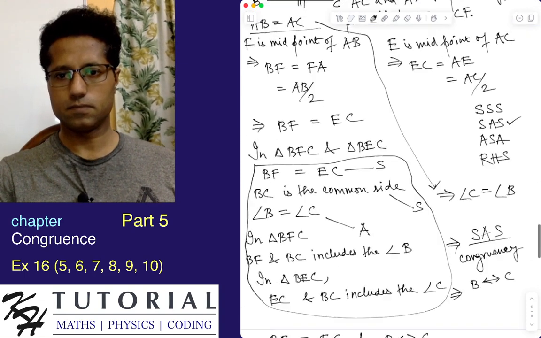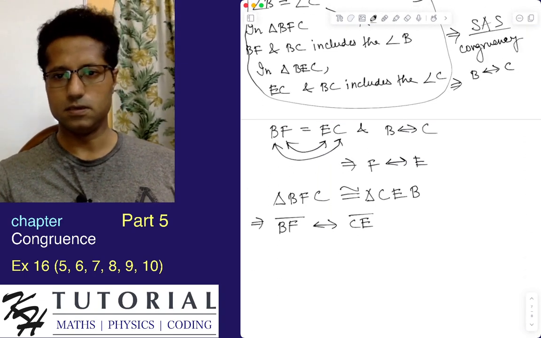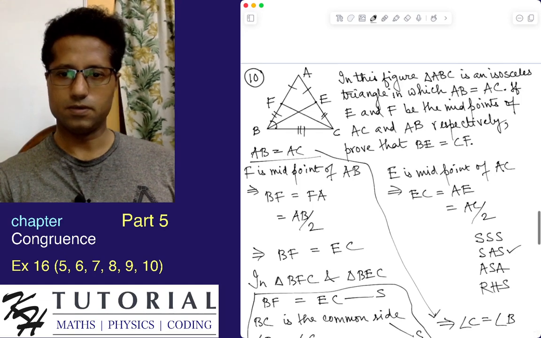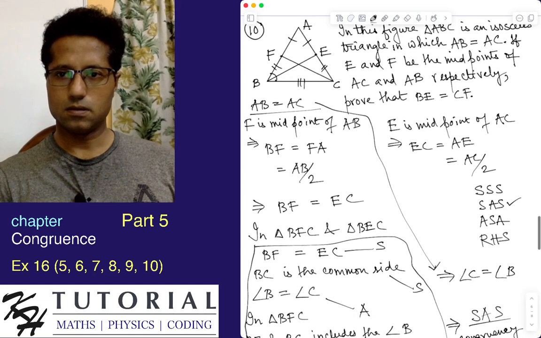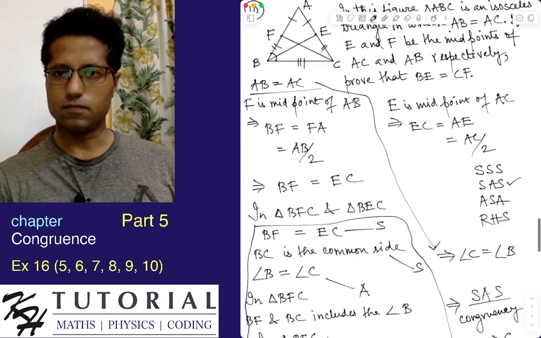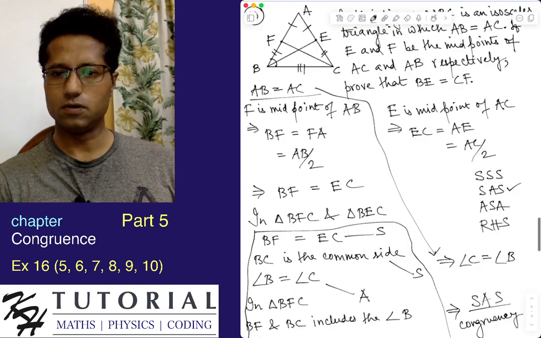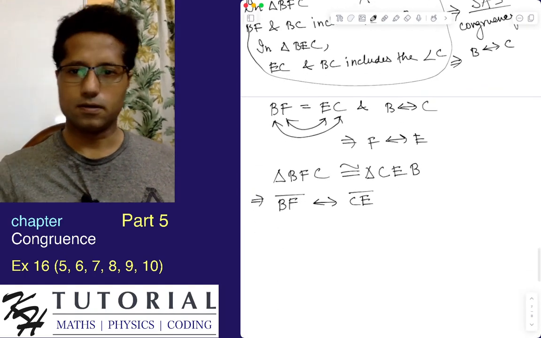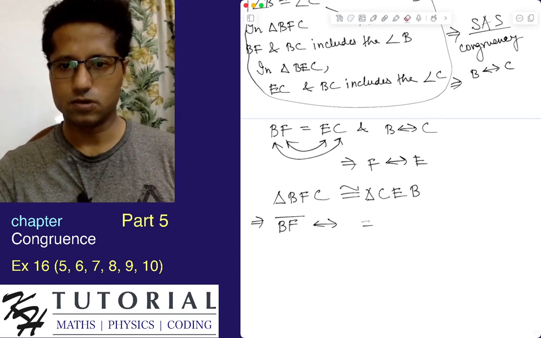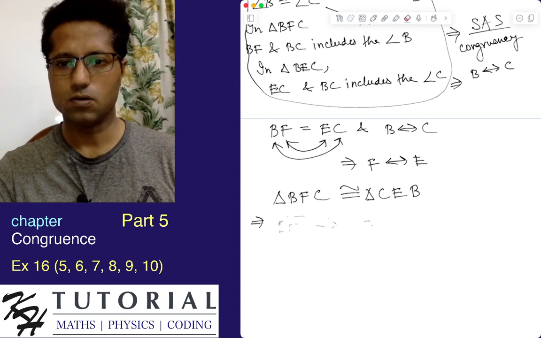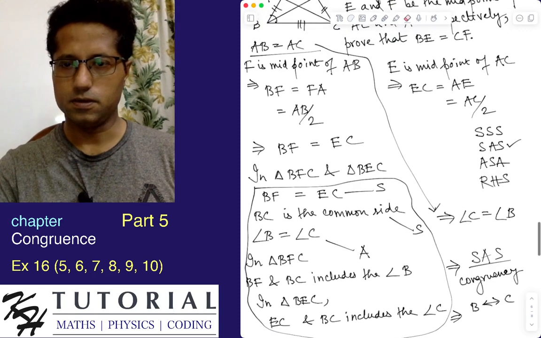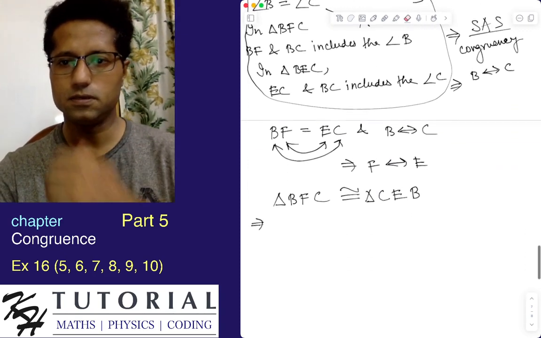What is the congruence relation we got? We have to prove BE is equal to CF. The triangles here are BFC and BEC.